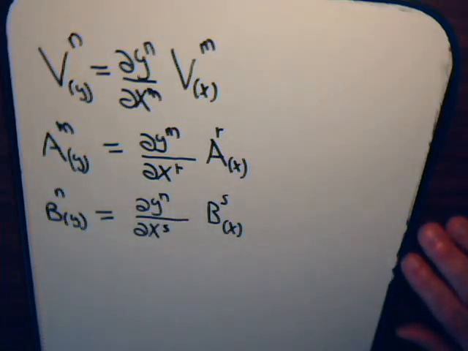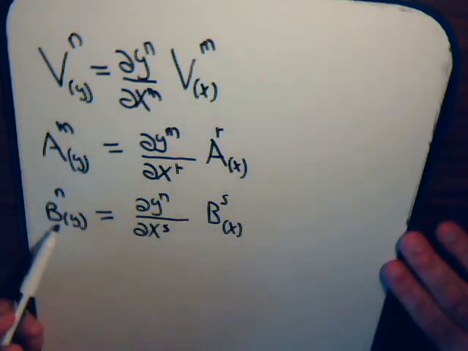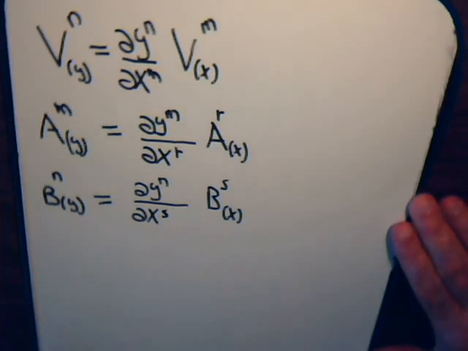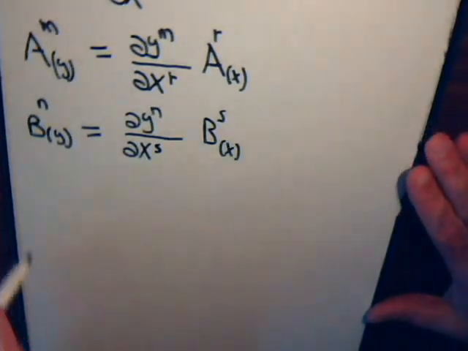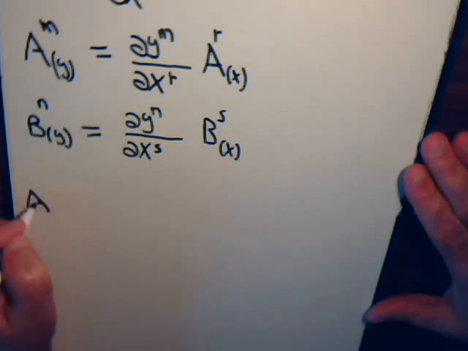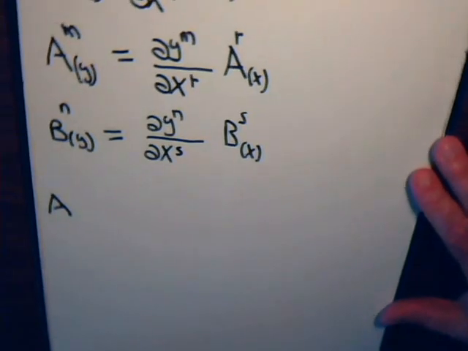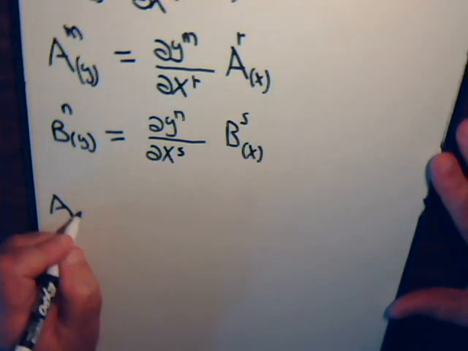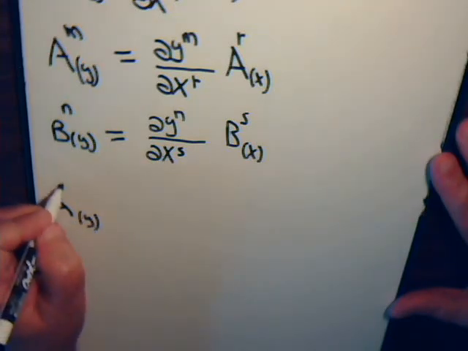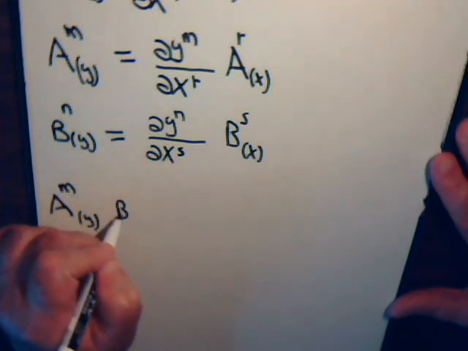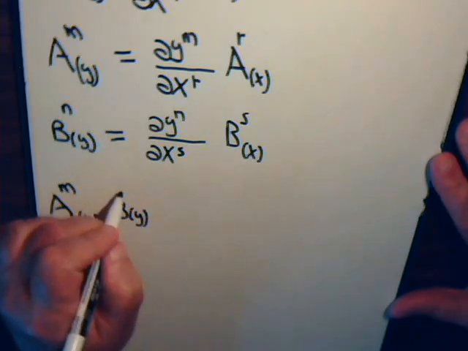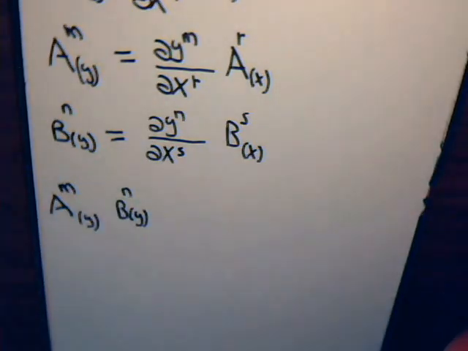And in the first video we considered what happens if we multiply these together. So we have it like this. Now, when we say we multiply them together, what we mean is this.